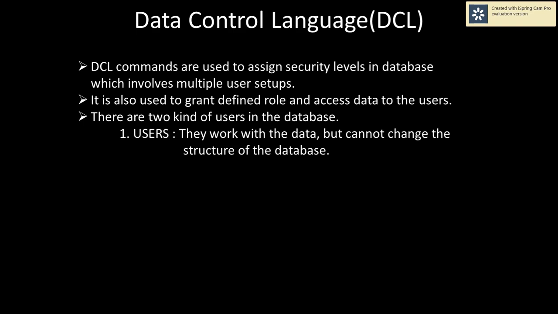Users use the data but are not able to change the database. Structure of the database means we cannot modify, change, update information in that database. Users only use the database, whatever is stored in the database.